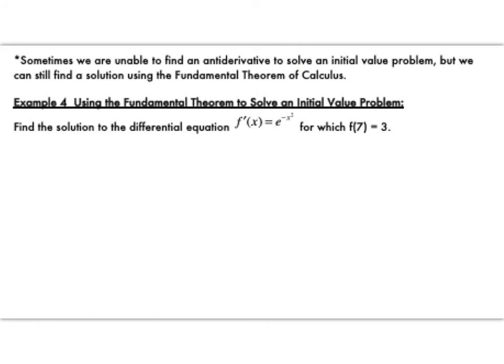Okay, well, now in this situation, we can't really find an antiderivative, so what we're stuck with is using the fundamental theorem of calculus, and with a little nod to part 1, as well as a little nod to our integral properties here. So find the solution to this differential equation for which f of 7 is equal to 3.